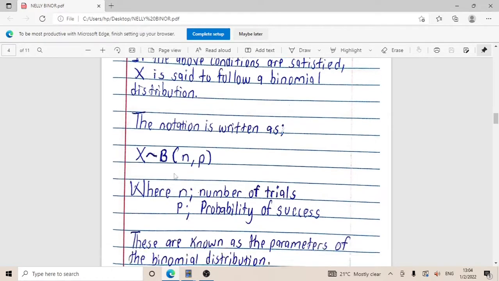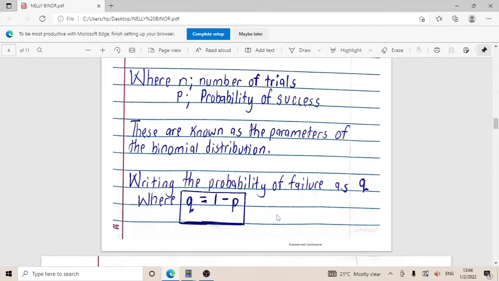The notation is written as x following a binomial distribution with n, the number of trials, and p, the probability of success. These are known as the parameters of the binomial distribution.